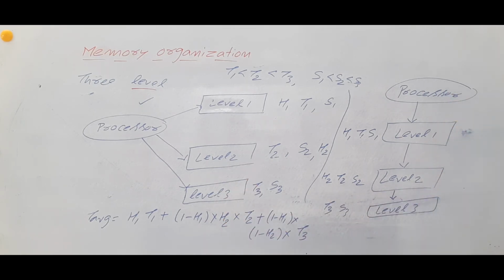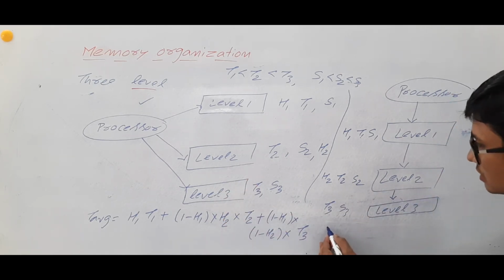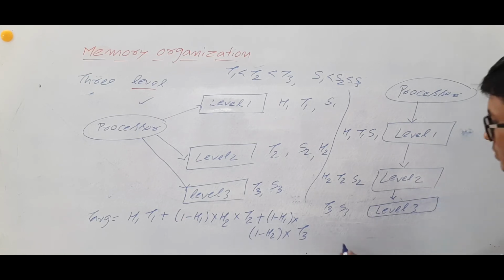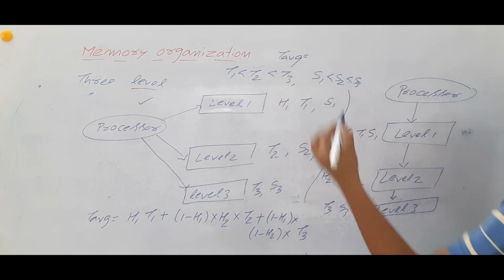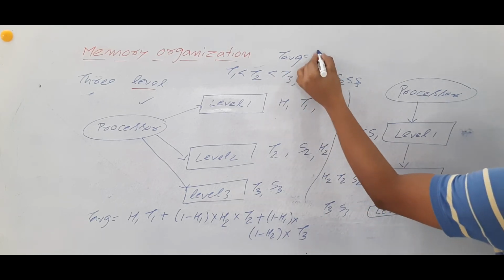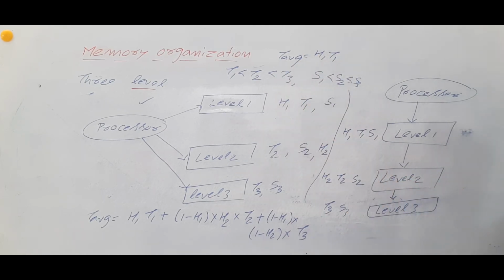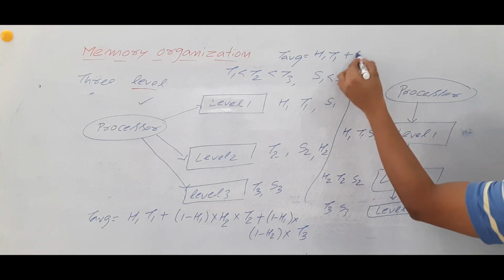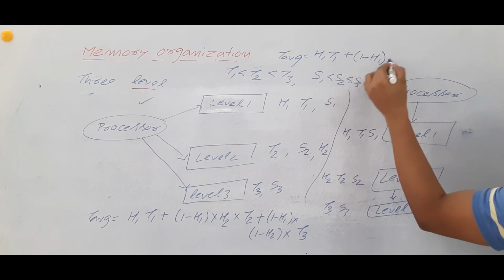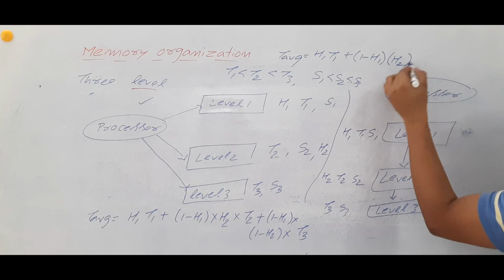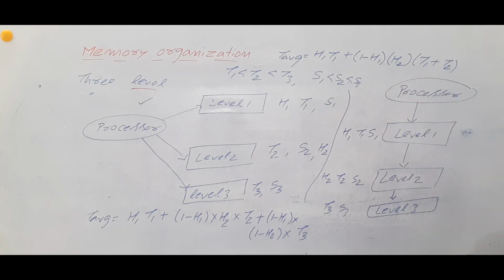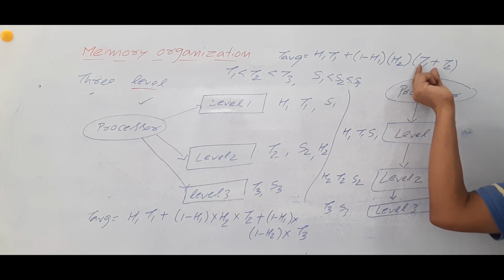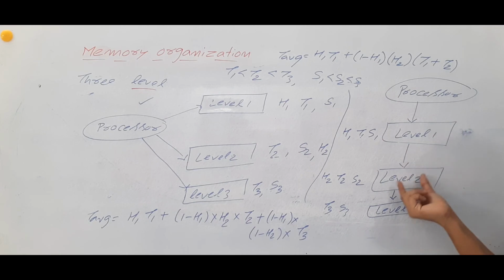What about this case? The T average is equal to, let me write here, H1 into T1 plus 1 minus H1 into H2 into T1 plus T2. If it is not available here and if it is available here, you will have the access time T1 plus T2.